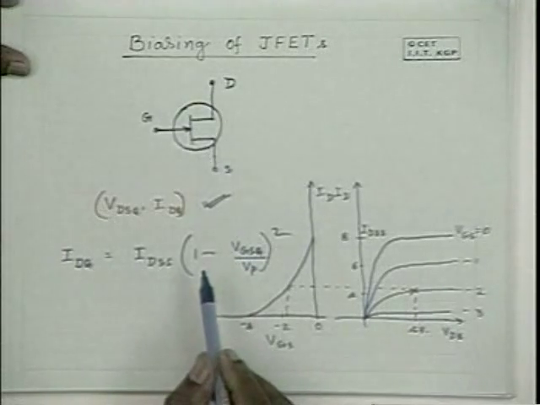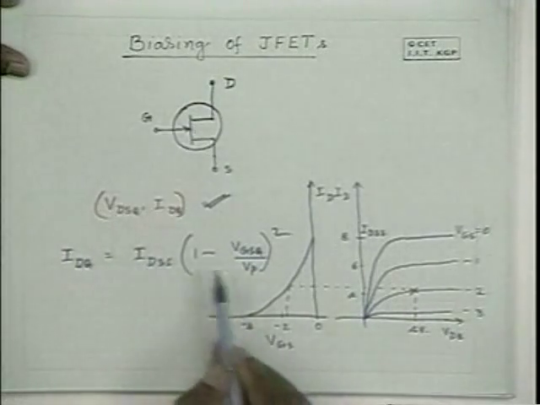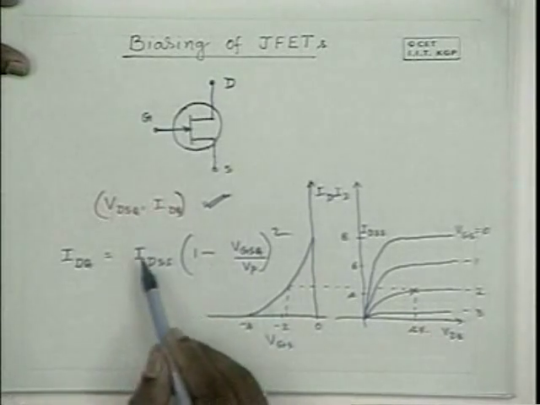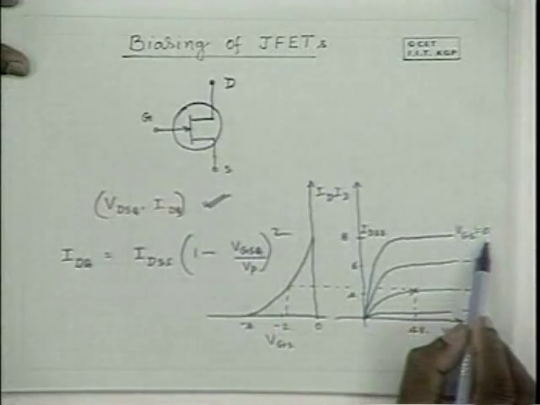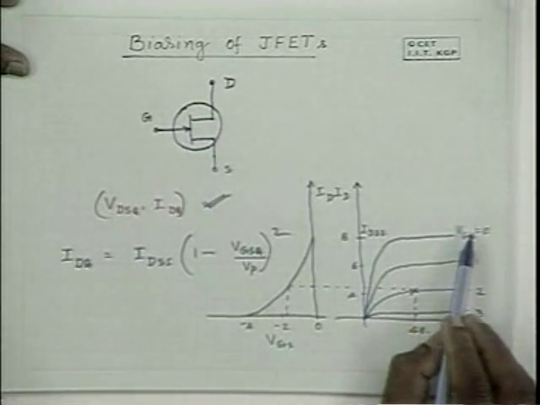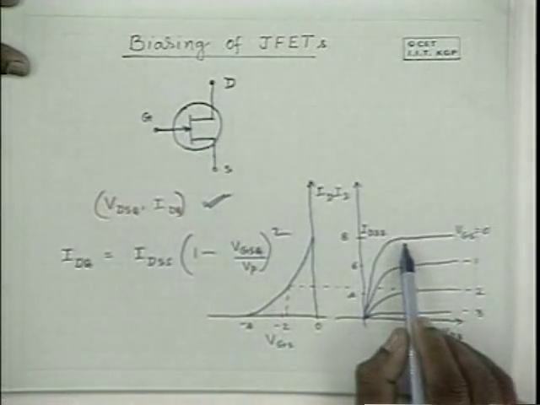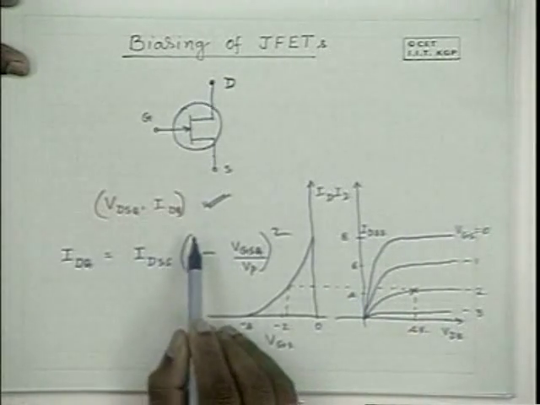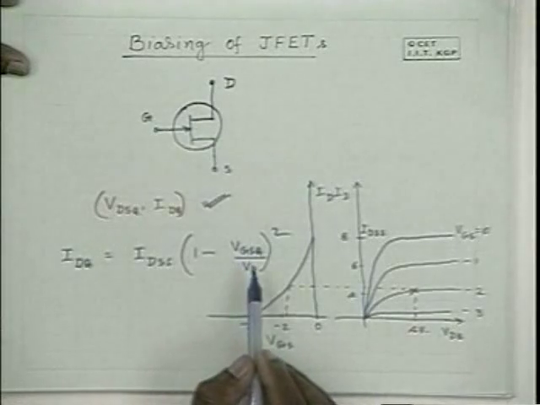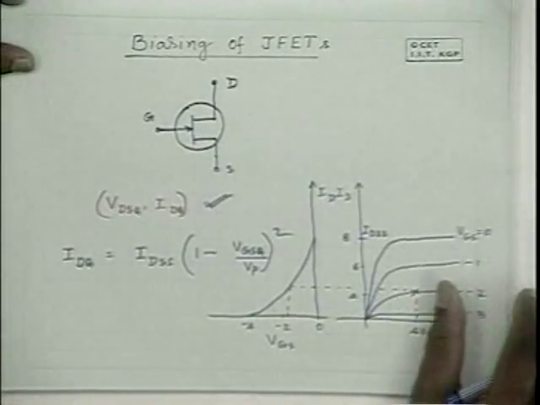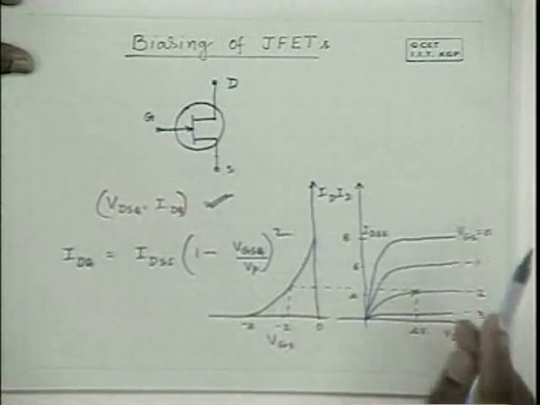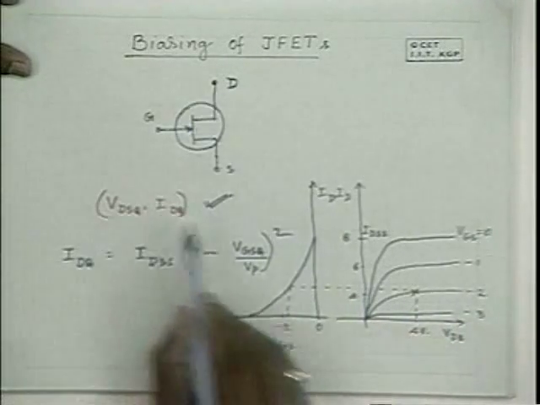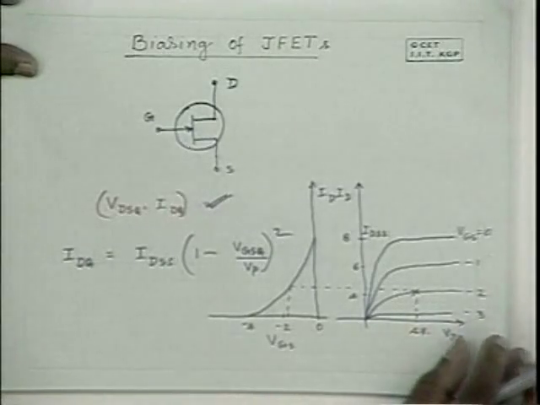Once a device is given, IDSS and the pinch off voltage VP are given, where IDSS is the drain current when VGS is equal to 0. So once these two are given, for any VGSQ, you can determine IDQ using this equation. You can either find it from the transfer characteristics or using the equations.